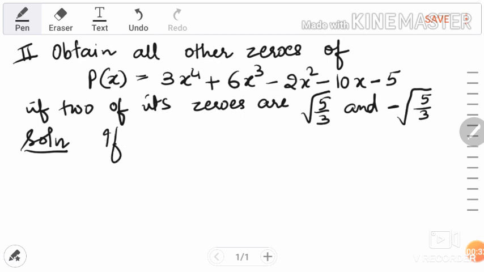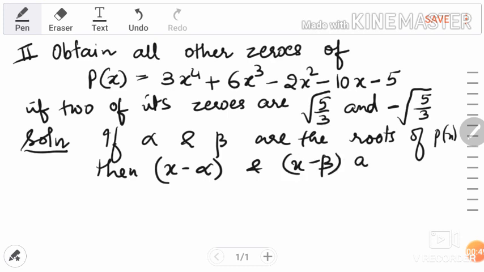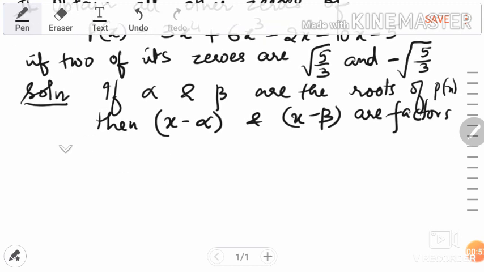So if alpha and beta are the roots of the polynomial, then x minus alpha and x minus beta are factors. So since we have alpha and beta, we will write down the factors of this polynomial.